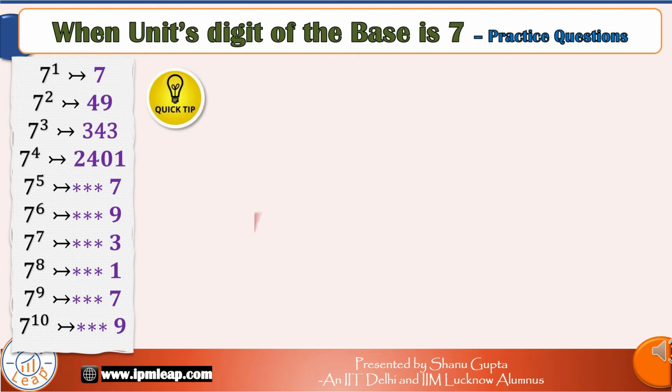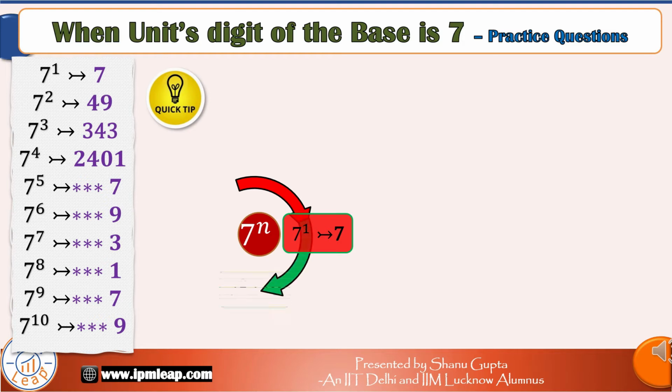For powers of 7, the 4 steps in the cycle would be: at the first step, the units digit will be same as that of 7 raised power 1, which is 7. At the second step, the units digit will be same as that of 7 raised power 2, which is 49, so 9.